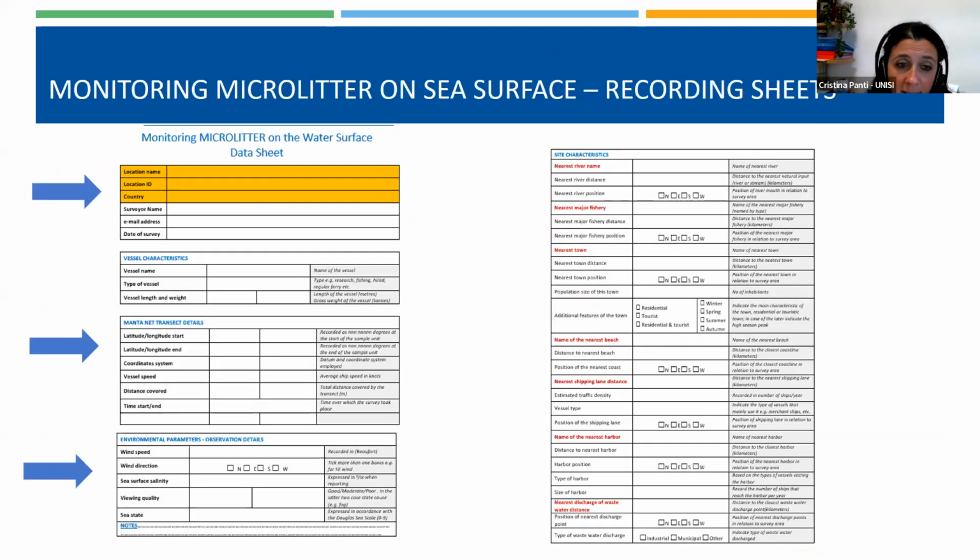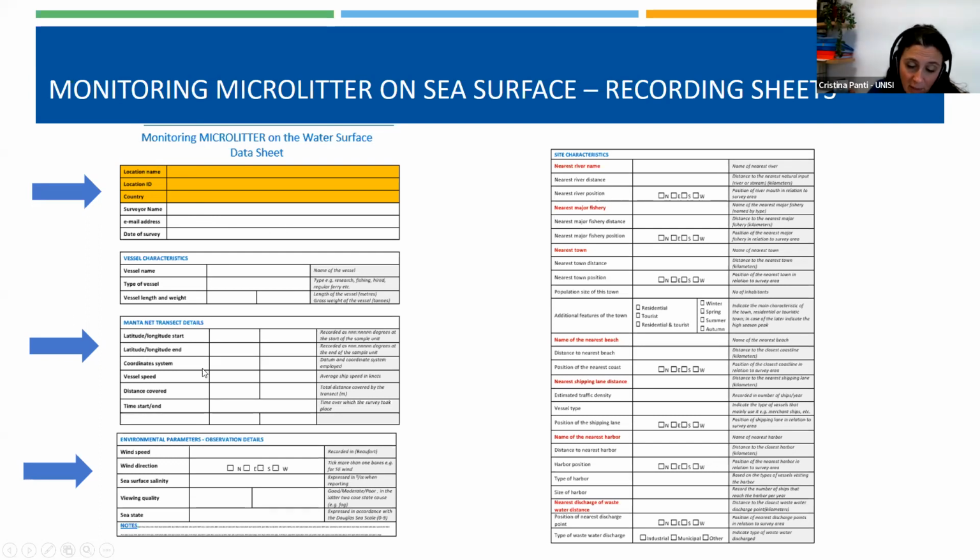Here you can see an example of macrolitter water surface data sheets. So that is quite similar to the one that Thomais shows for the macrolitter. So it's very important to write down the location, the country, and the date where you are carrying out your survey.